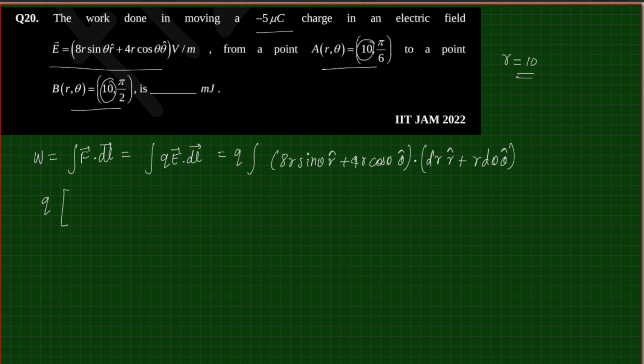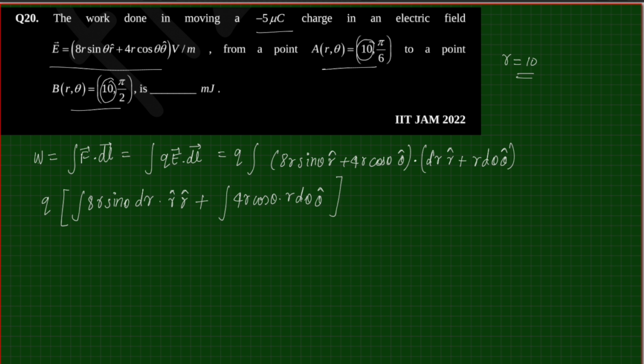So the integration is of 8r sin theta dr, with r cap dot r cap, plus the integration of 4r cos theta times r d theta, with theta cap dot theta cap.